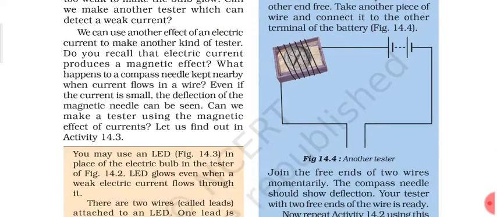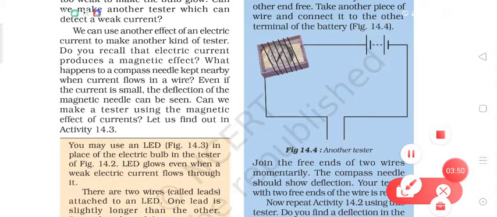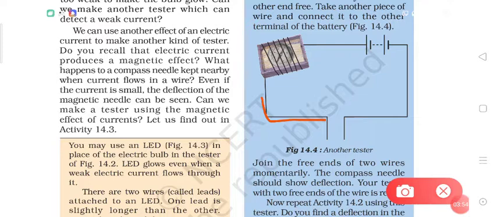Now the question is how this magnetic compass will help in detecting the weak currents passing through any material. Dear students, electric current has another effect that is called the magnetic effect of electric current. What is the meaning of it? Suppose this is a conductor, and the electric current is passing through this conductor.